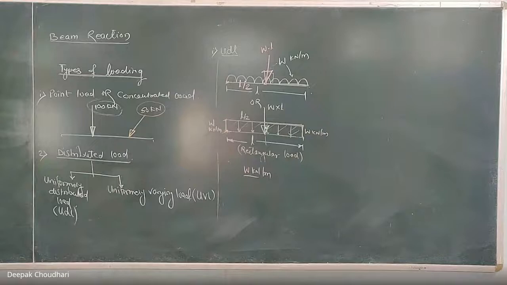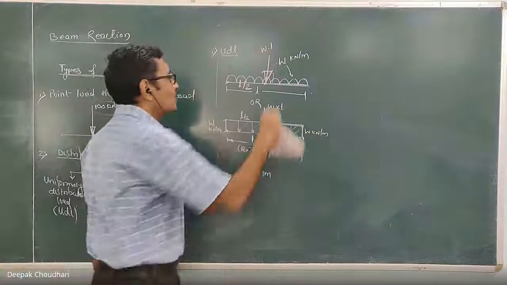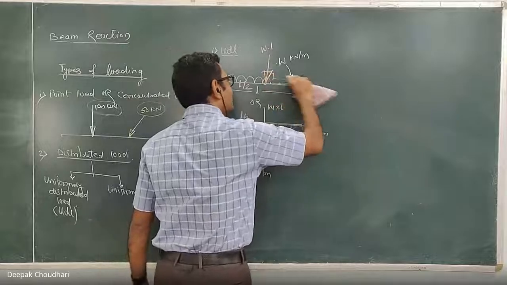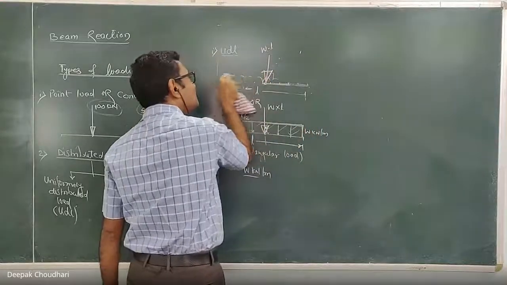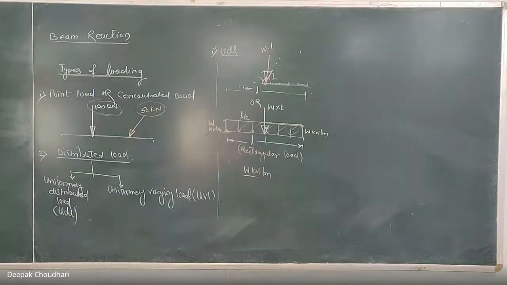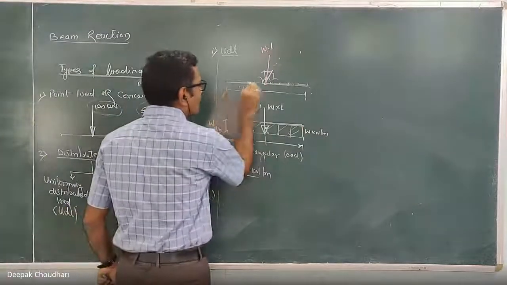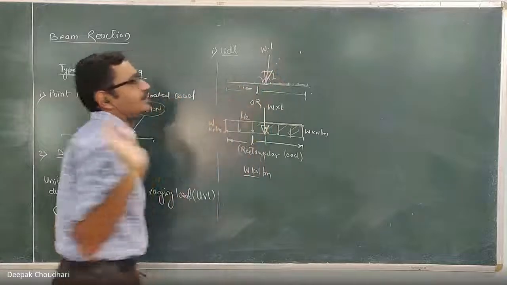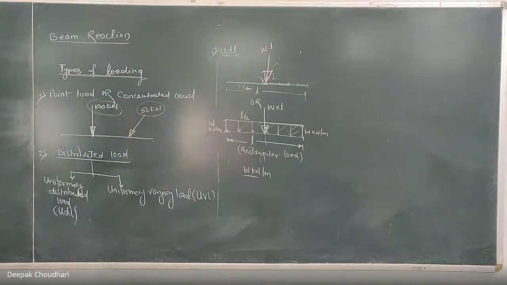Once you convert this UDL into an equivalent point load, don't consider this UDL in further calculation. इसको consider नहीं करने का, क्योंकि हमने उसको equivalent point load में convert कर दिया है. So in beam reactions, whenever you draw the free body diagram, instead of the distributed load, you have to show the equivalent point load.